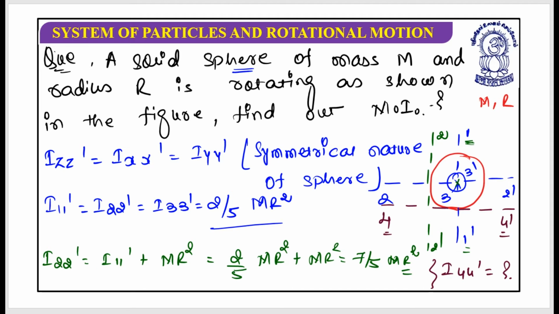Yes, it is parallel to 22 dash. So I44 dash should be equal to I22 dash plus m into r square, and the whole thing will be the same. Does it clear? Can you do this? Yes.